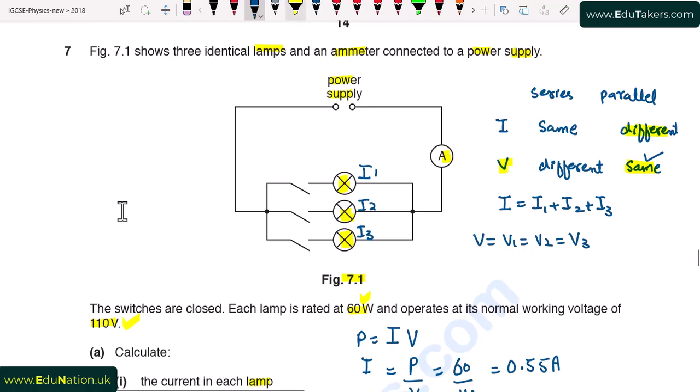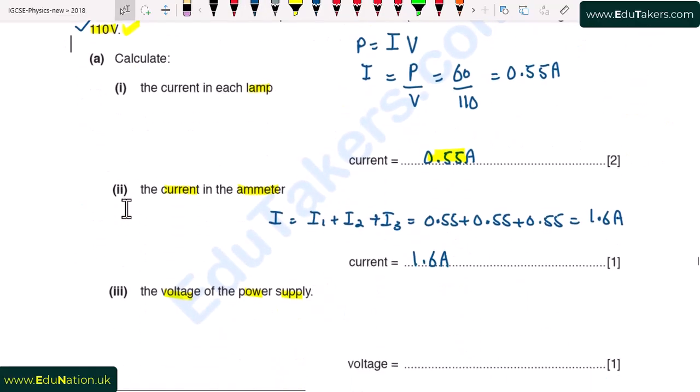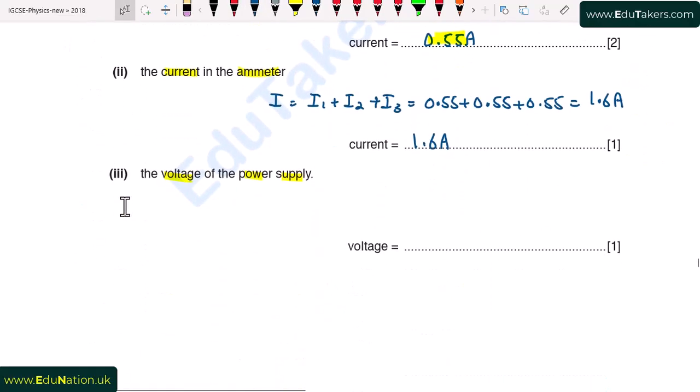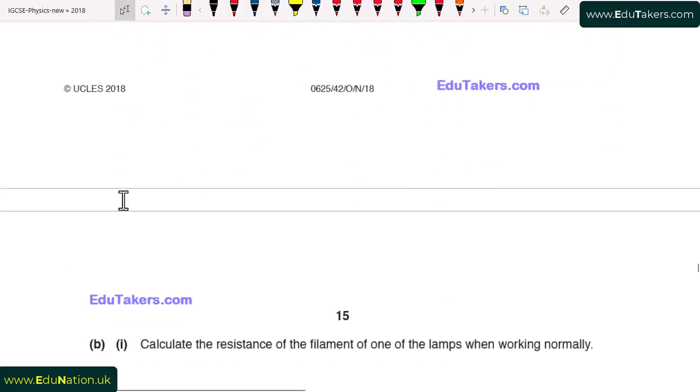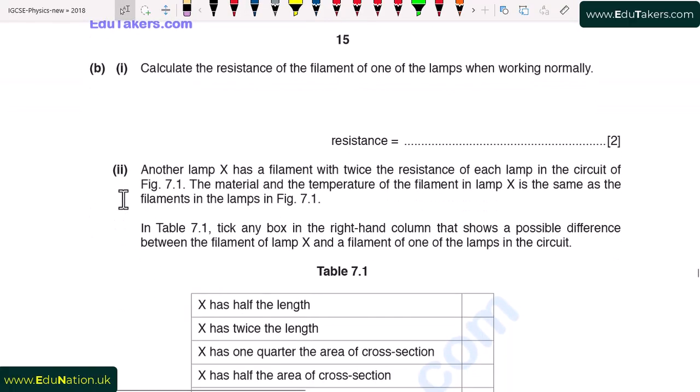It is given here that it is 110. So this is the value of the potential difference across the power supply also. I write here it is 110 volt. Going towards the next part. Part B. Calculate the resistance of the filament of one of the lamps when working normally.